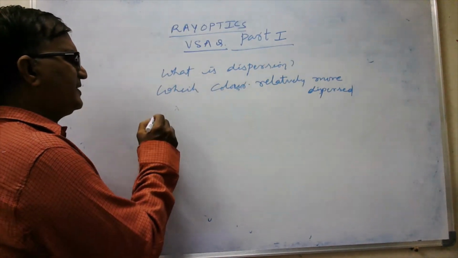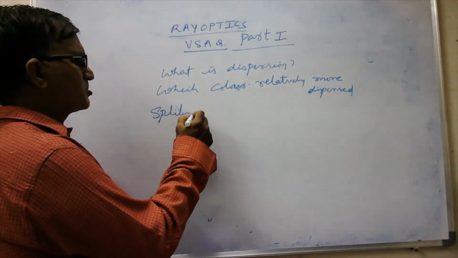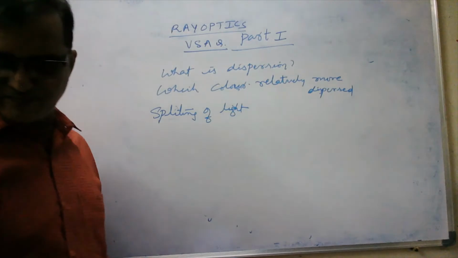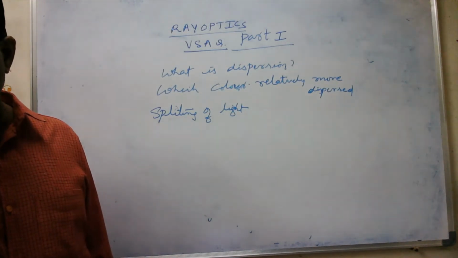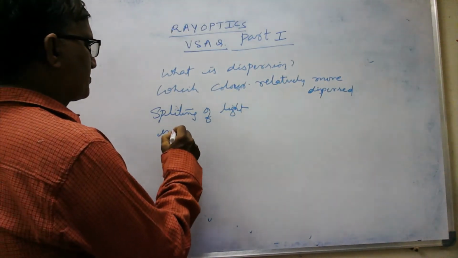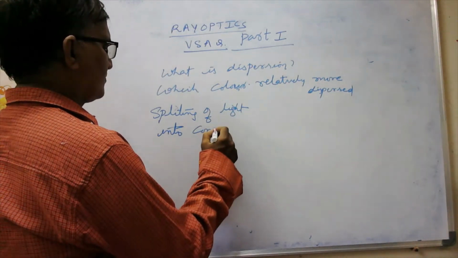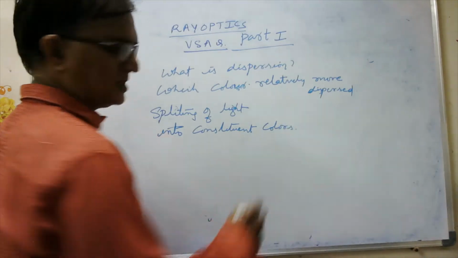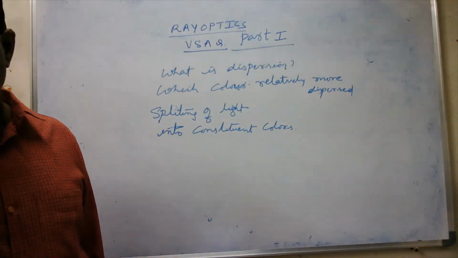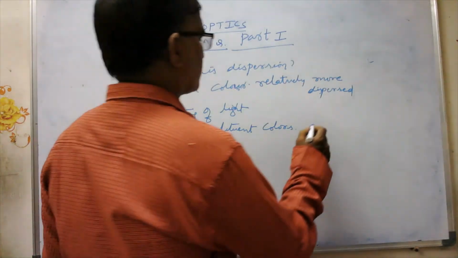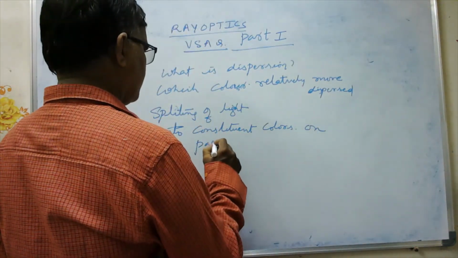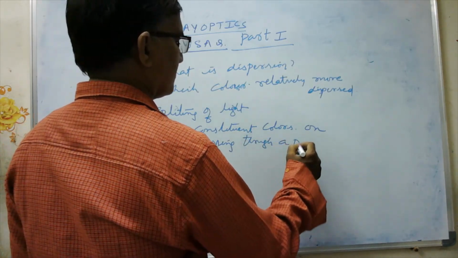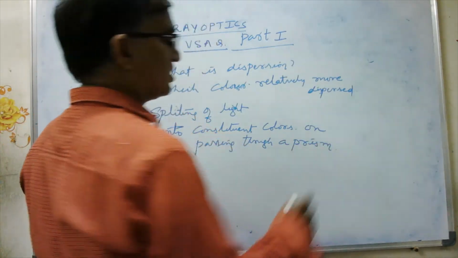Okay, the splitting of light into constant colors on passing through a prism is called dispersion.